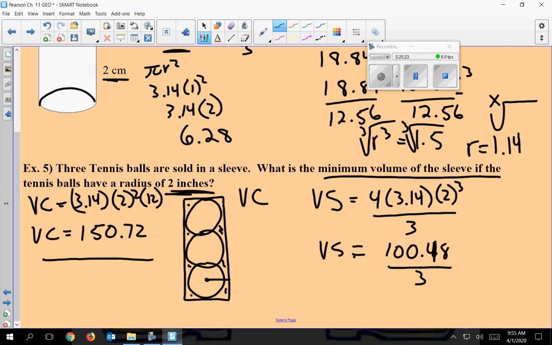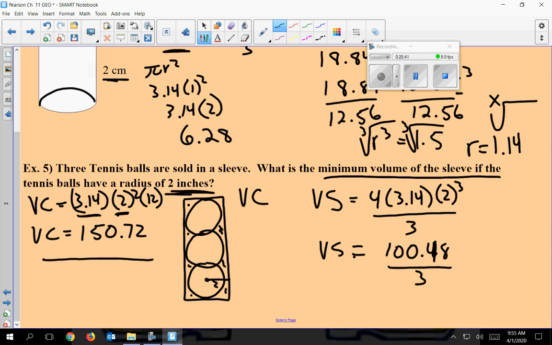And they told me that was 2. So I can use that to assume that the radius of the cylinder is also 2. And so that's where I got 2 squared, and I'm using 3.14 as pi right off the bat.